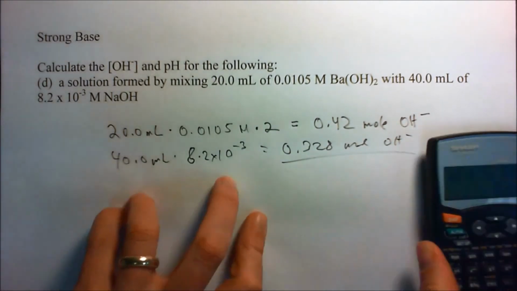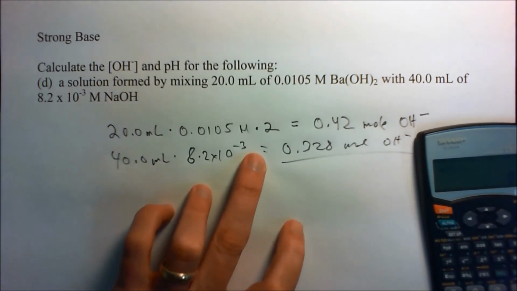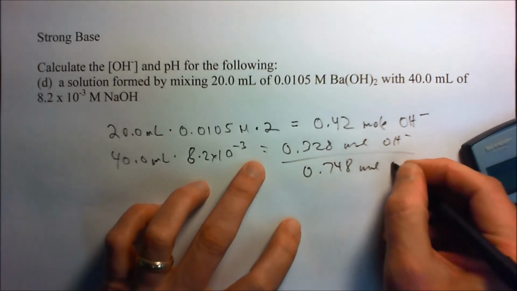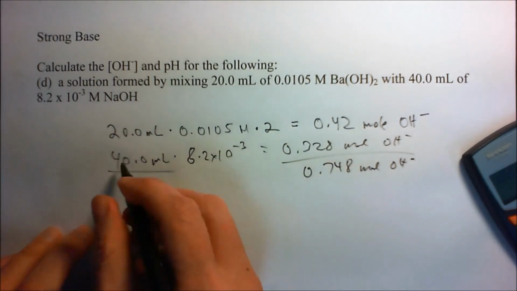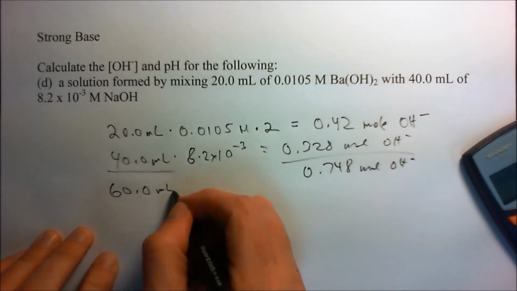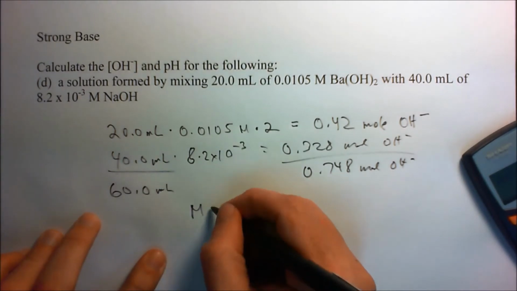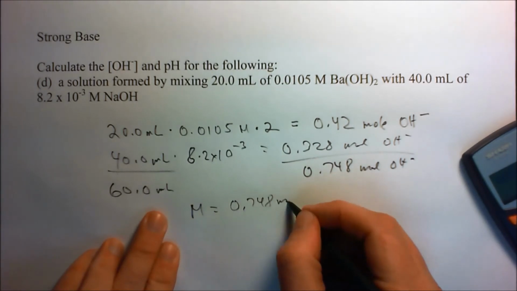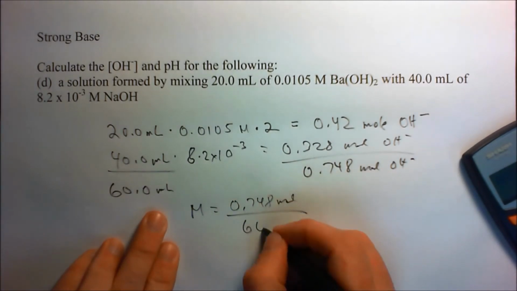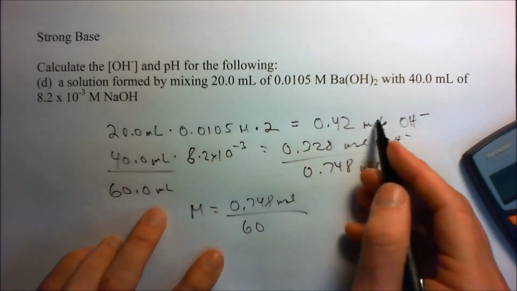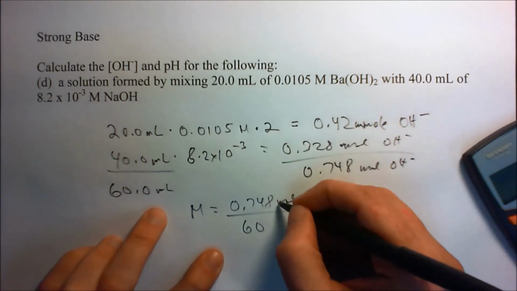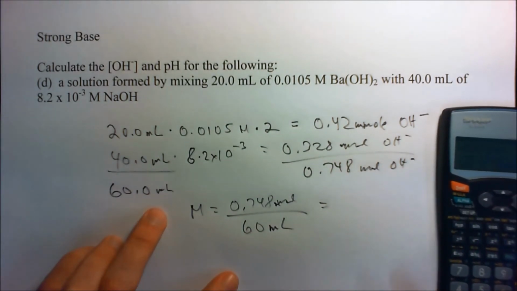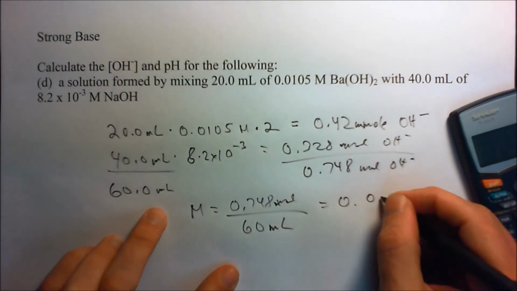Now we just add them up, plus 0.42 gives me 0.748 millimoles OH minus, and we have a total volume of 60 milliliters. So our final molarity of the solution is 0.748 millimoles divided by 60 milliliters, and that gives me a molarity of 0.0125 molar in OH.